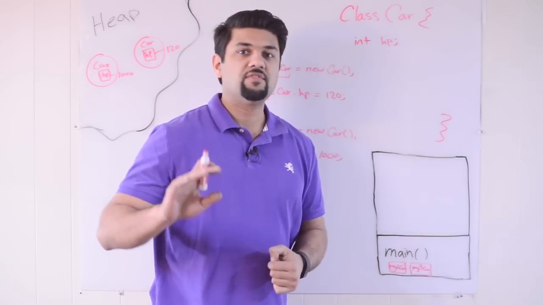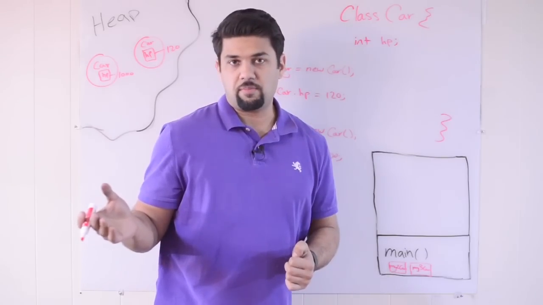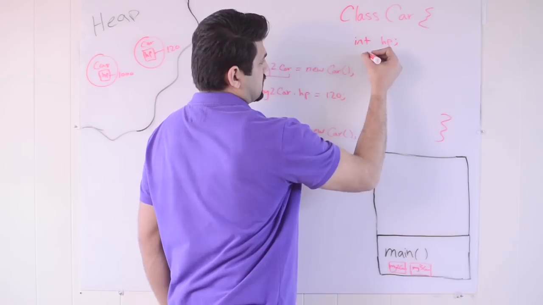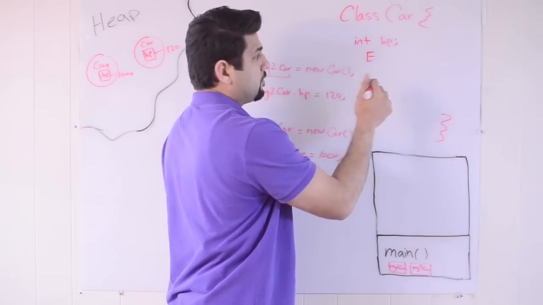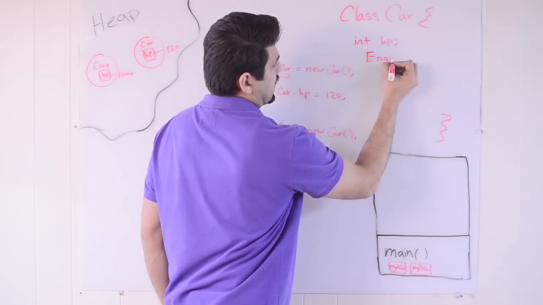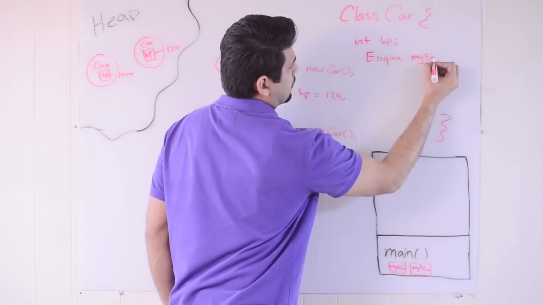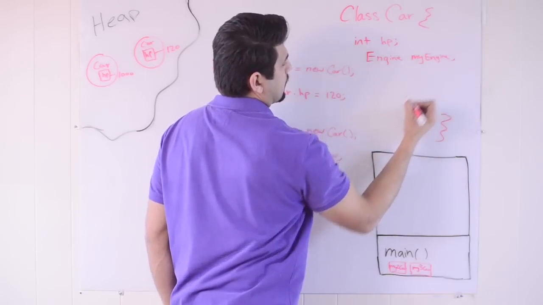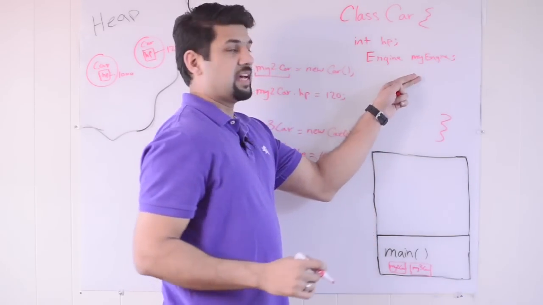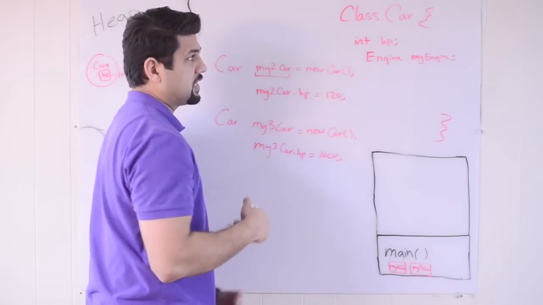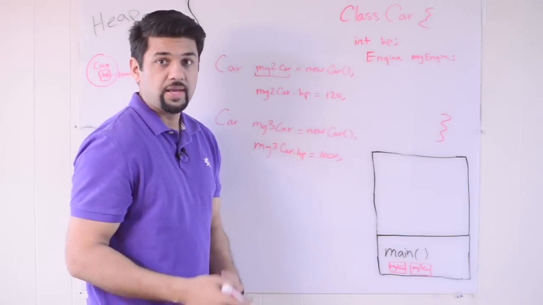Let's say we have some other class in our Java project called engine. I can actually create an instance variable that is of type engine, and we'll call it my engine. We're not going to instantiate it here, we're going to do it in the main. So let's say I want to give a car an engine.